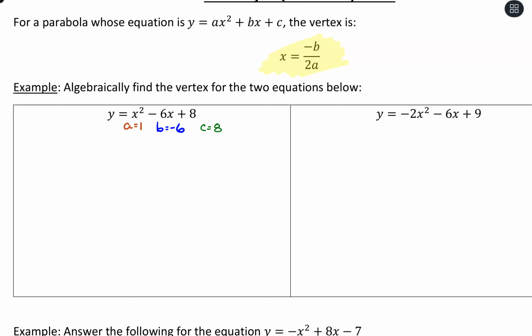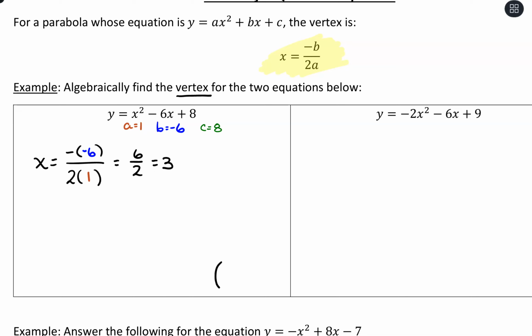But now, because I'm interested in the vertex, I'm just going x equals negative b over 2 times a, where b is negative 6 and a is positive 1. So it'll give me positive 6 over 2, so we have 3.